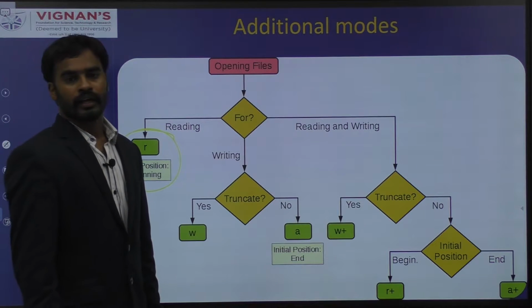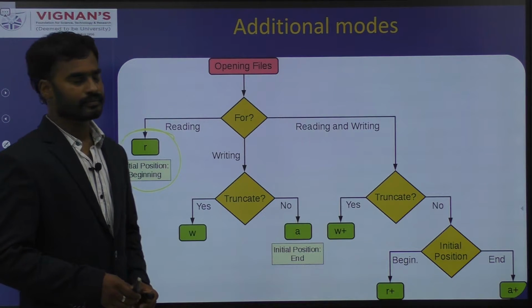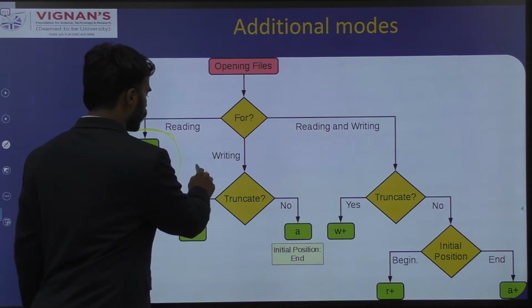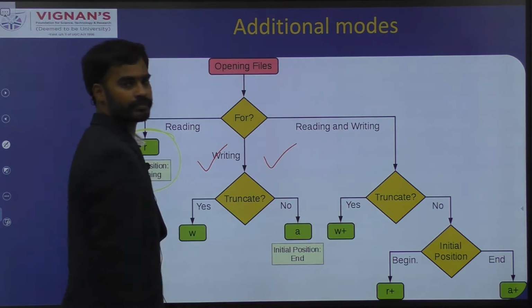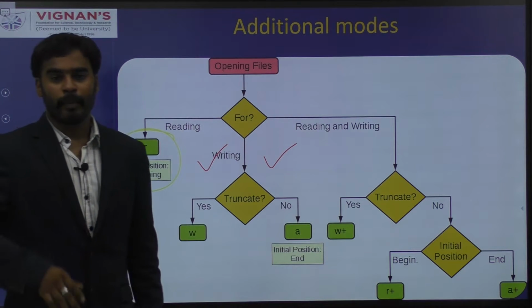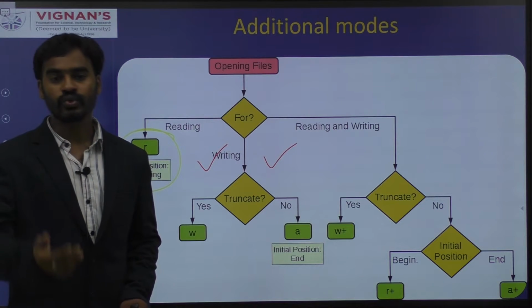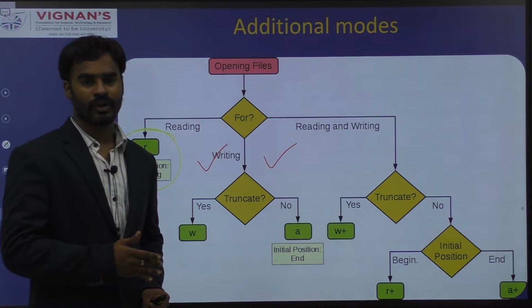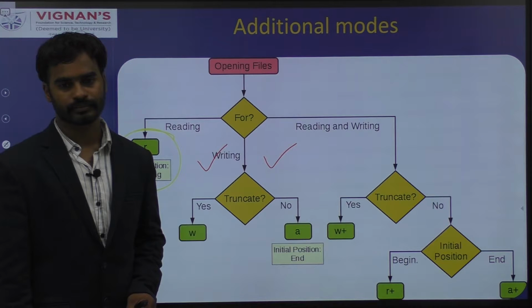Okay, if your purpose is a writing purpose, then you have 2 options. Either you can go with W, or you can go with A. If your purpose is writing, then you have to choose whether you would like to write by erasing the previous contents, or you would like to add at the end of the previous contents.